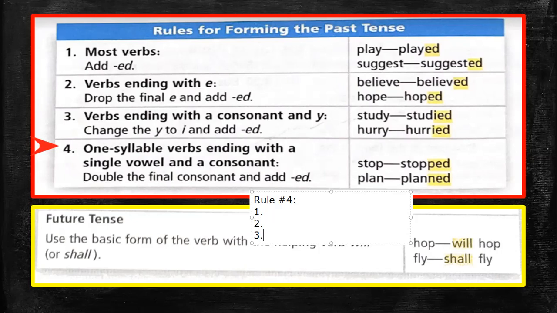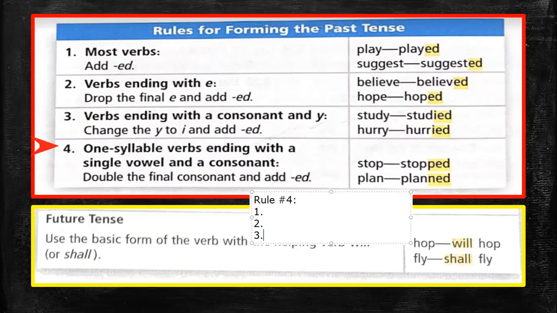Now, this rule does not apply for verbs ending in X or Y. Notice that these 2 letters have vowel sounds, so they have separate rules. So if you find a verb that ends with X or Y, please don't get confused and do not use rule number 4, because it does not apply, okay?